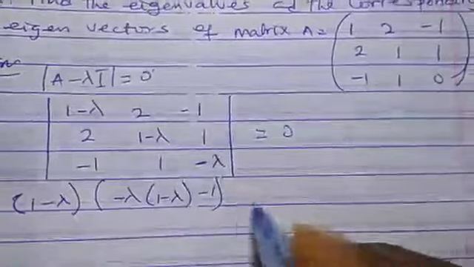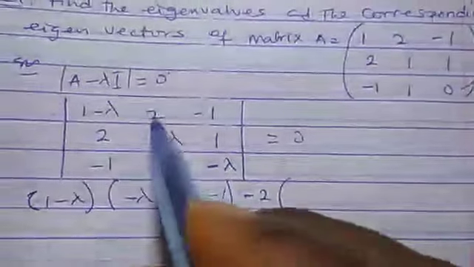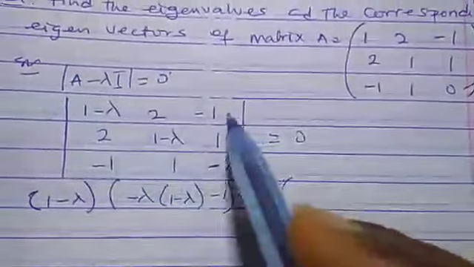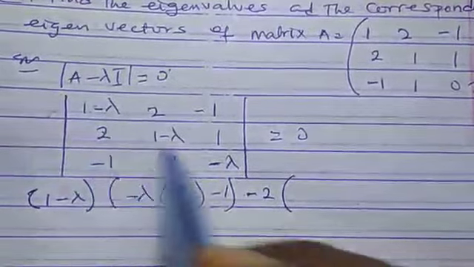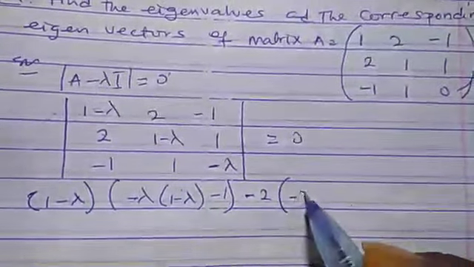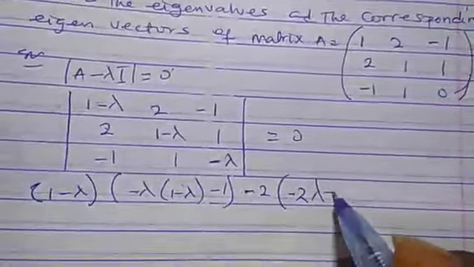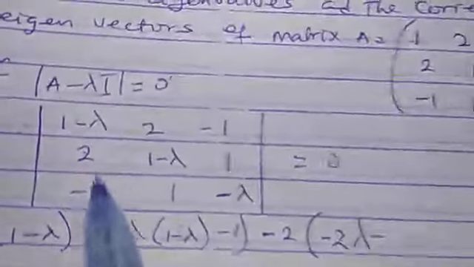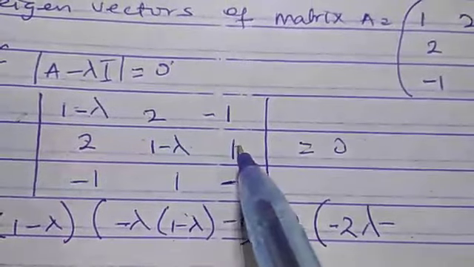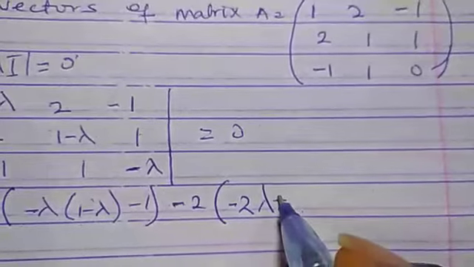Followed by the second one, which is minus 2 into, we cut this, then find the determinant. That will be this times this, minus 2 lambda, minus 1 times 1, that is minus 1, to make this minus to be plus. And finally, with this, minus 1.